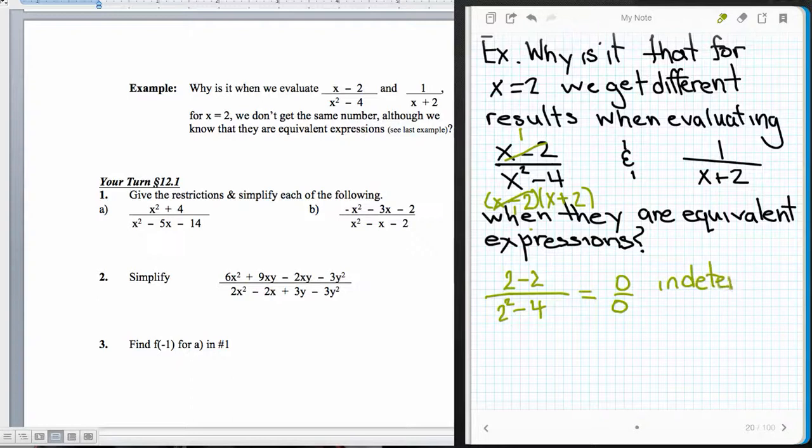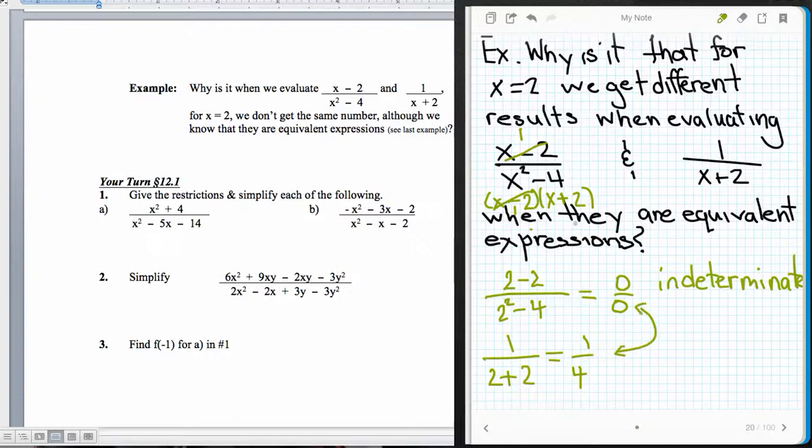Now, indeterminate means that we can't determine what is going on here, and that is just as good as an undefined. It means that we have something that is of no value to us. Whereas over here, we have x being 2, we have that this is equal to 1/4. And so now we see that they have a value. Well, these are very different, right?